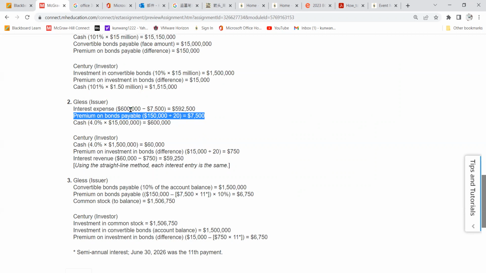And interest expense will be the difference between the cash interest and the bond premium amortization. So with the premium amortization, the interest expense is smaller than the cash interest. So that's why you can sell at a premium.